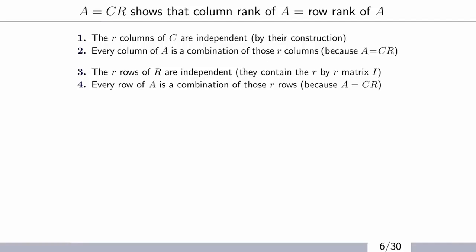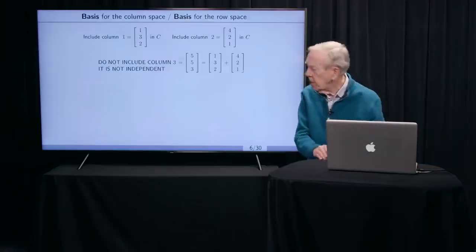The number of independent columns in A, which was 2, is equal to the number of independent rows in R, also 2. You remember that we had 2 rows and 2 columns?